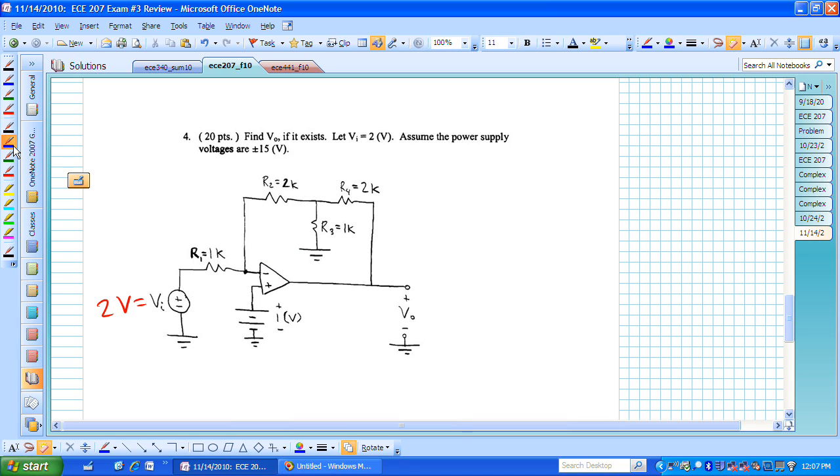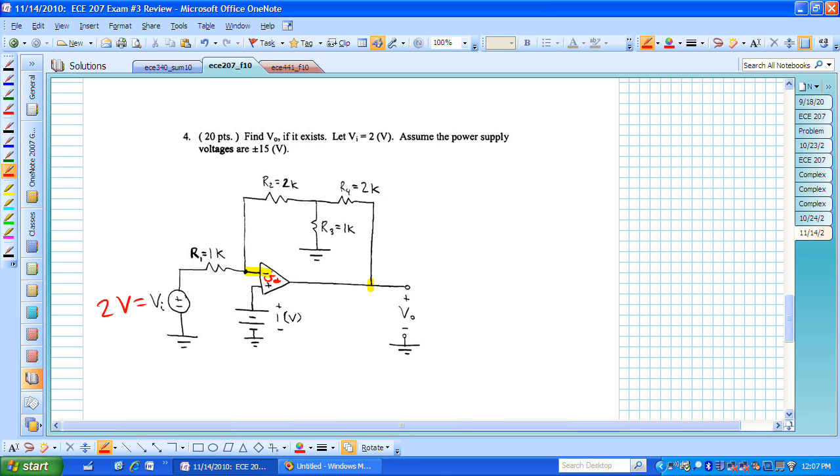Before we start, we want to check whether or not we have negative feedback, and it looks like we should, because we have the output voltage being fed back to the inverting terminal of our operational amplifier. Indeed, if V sub D is positive, then V0 is going to be a positive number which gets fed back.